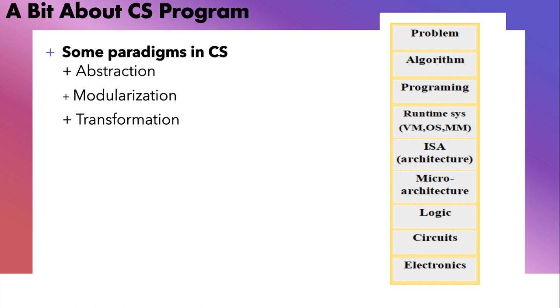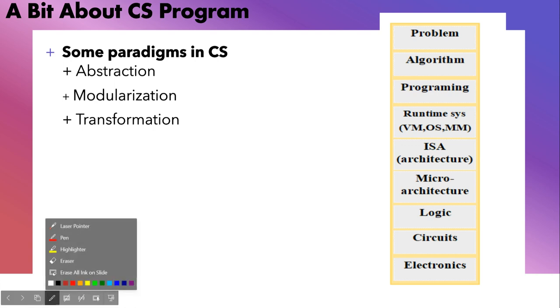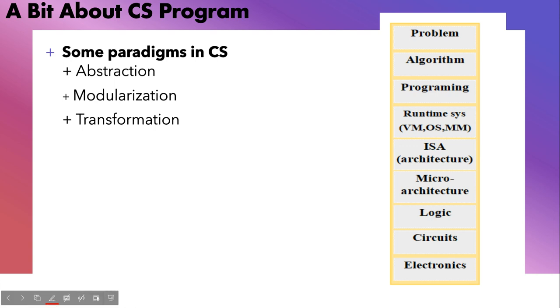And about the whole computer science program, this diagram is pretty much what we are going to do in the whole computer science program. And let me use a pen. All right, this person exists in the real world.